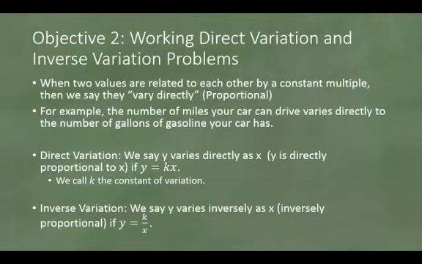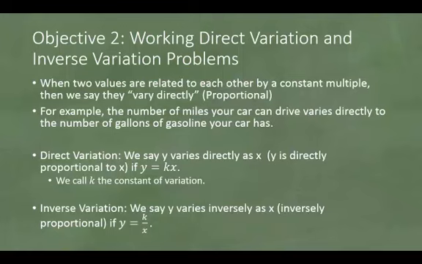Working direct variation and inverse variation problems. When two variables are related to each other by a constant multiple, we say they vary directly, or they're proportional. For example, the number of miles your car can drive varies directly with the number of gallons of gasoline your car has.